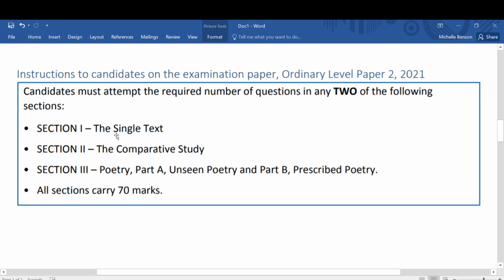The single text for my class is Philadelphia, Here I Come. The comparative study, the good news is this year all 3 modes will be there: theme or social setting or relationships, and you choose the one mode that you want to answer on. And poetry, if you want to do that section, there will be an unseen poem worth 20 marks, and then there will be 6 studied poems, of which you have to choose only one.